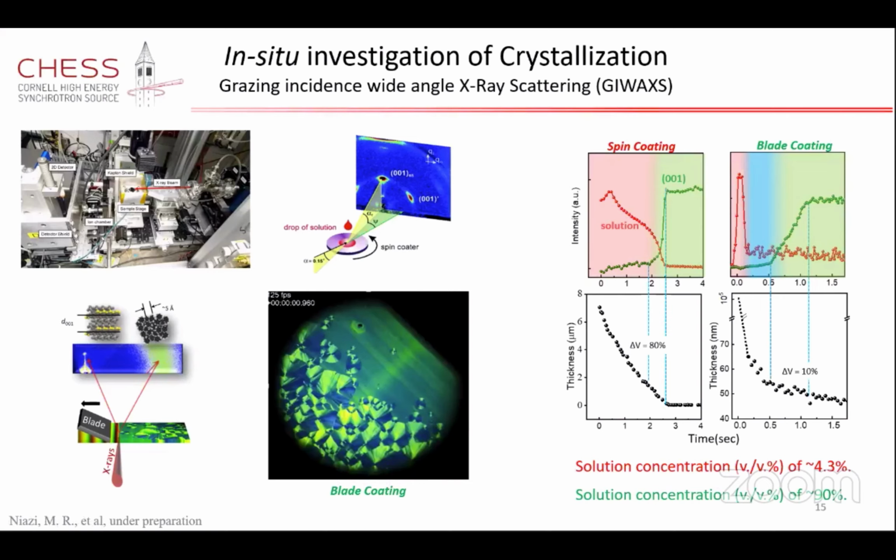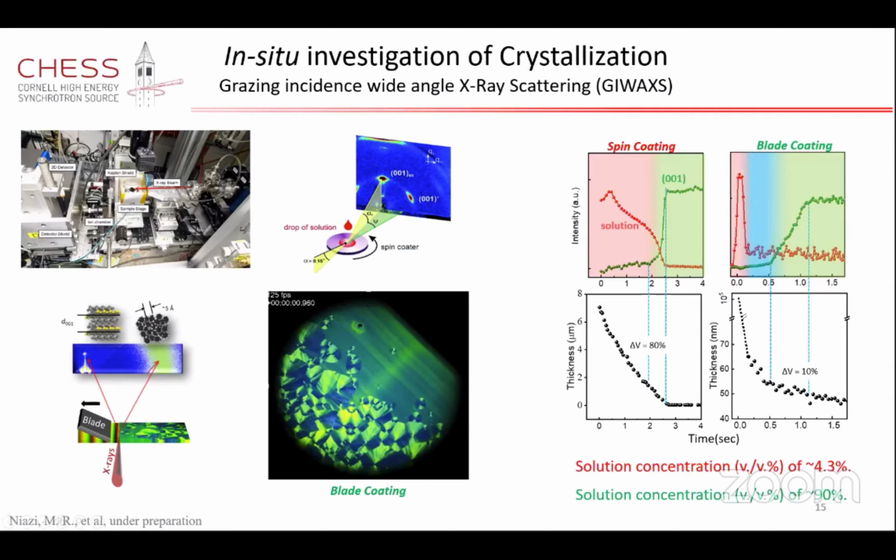So these two observations suggested that this extended meniscus, first of all, is an amorphous phase because we did not observe any crystallization signal. The second thing is it is highly dense. There is a very tiny amount of solvent left in this.